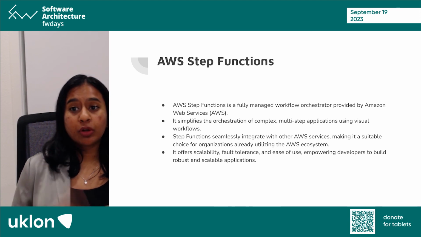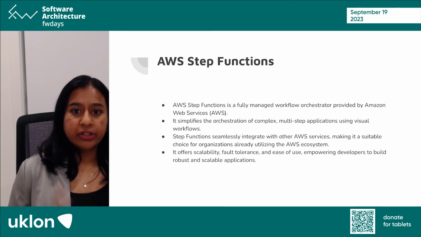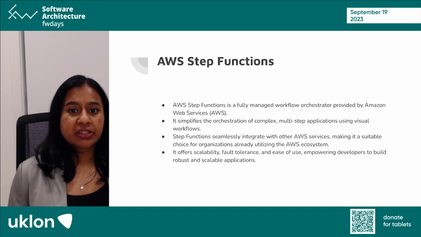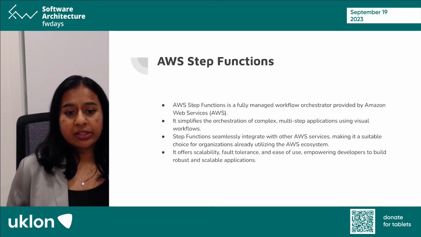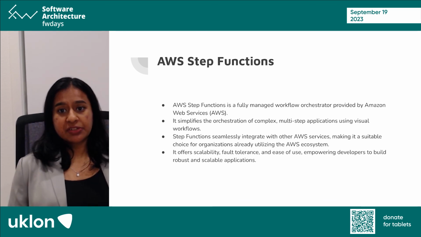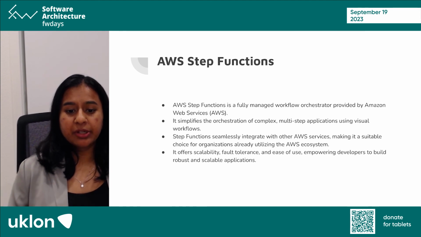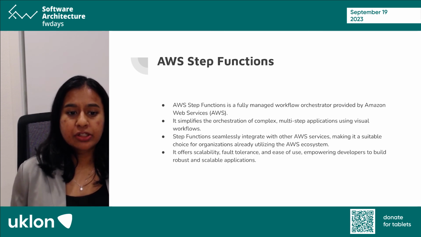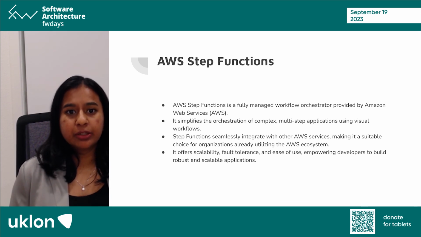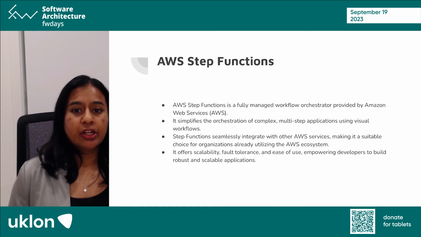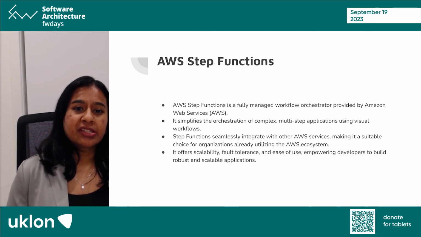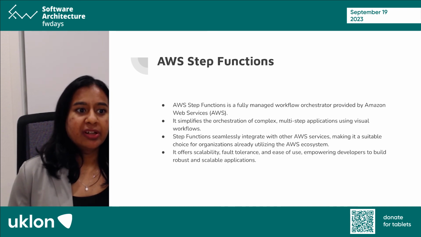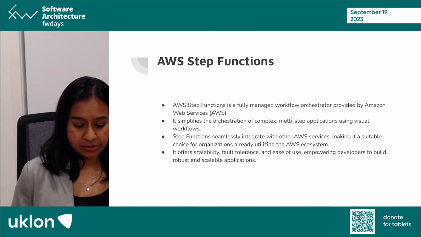For example, if you're already using Lambdas, DynamoDB and DynamoDB triggers, Kinesis, all these things, Step Functions makes it very easy. But Temporal, on the other hand, is more flexible. You can call anything, and it's not very locked into the AWS ecosystem or anything. So that was one of the reasons I went to use Temporal rather than AWS Step Functions.